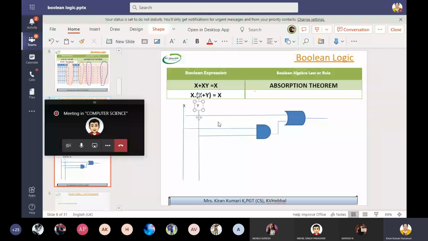This is your X, we took the connection from X, okay? And this is also X. Next, this is your Y. Next, this is X and Y. Then finally what did you get?